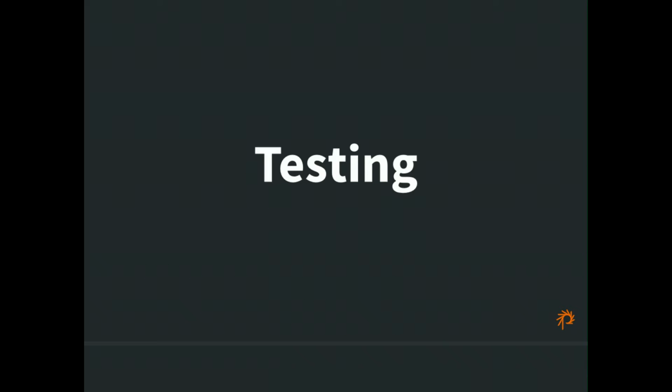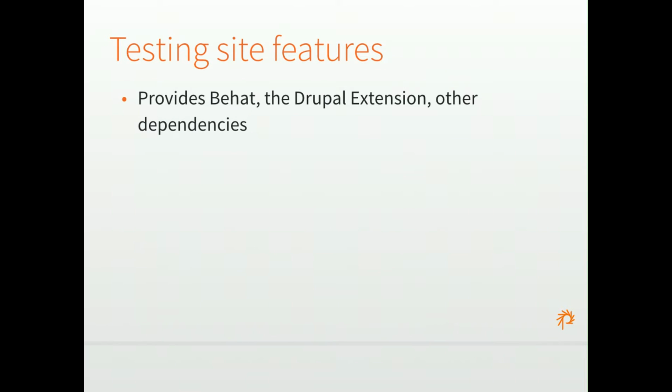So another area that Grunt Drupal Tasks is helping with is testing, and specifically we're a bit more focused on functional or behavioral testing than unit tests at this point. So Grunt Drupal Tasks by default will provide Behat.